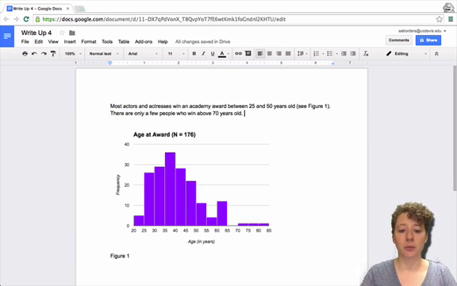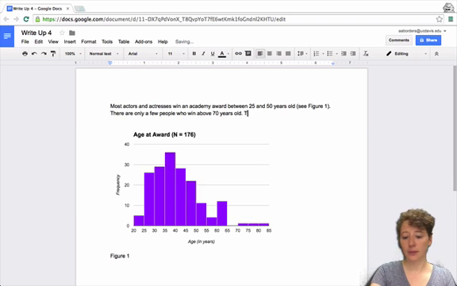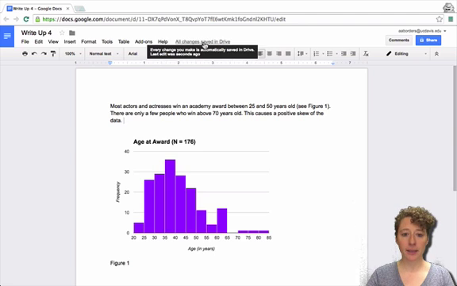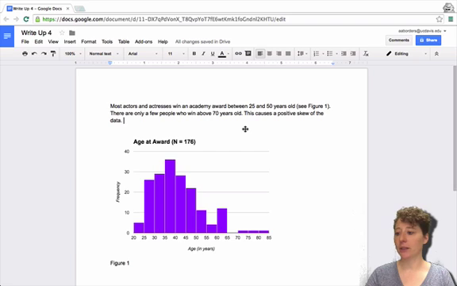So what kind of skew would this be? Remember, we want to talk about which way the outliers are pointing, which way it's dragging the mean. So that would be a positive skew. This is a positive skew of the data. And you can see up here, it's saving as I work, and that's really nice.